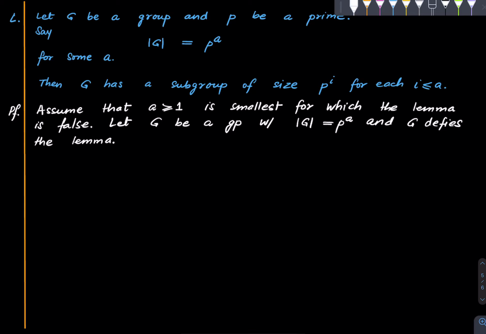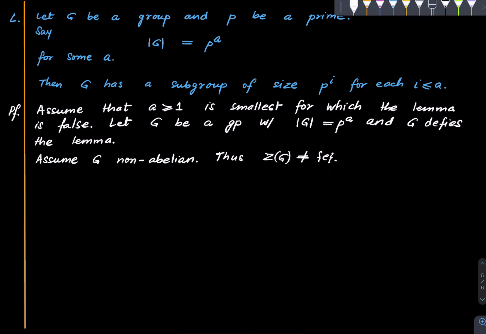And now there are two cases. G is either abelian or non-abelian, so let me do the non-abelian case. So assume G is non-abelian. Right, now since G is a non-trivial p-group, because a is at least 1, and hence the center of G, as we recalled, is non-trivial.